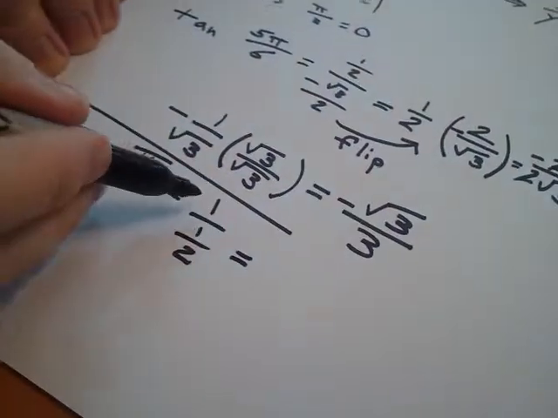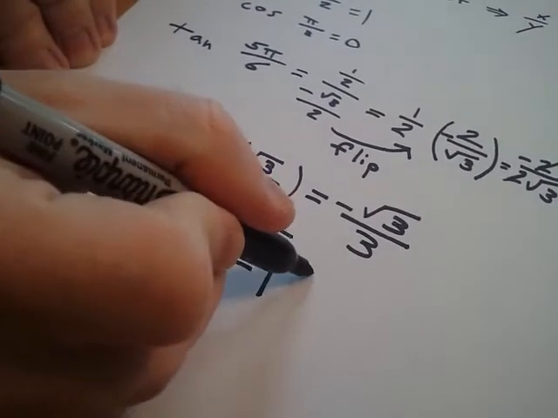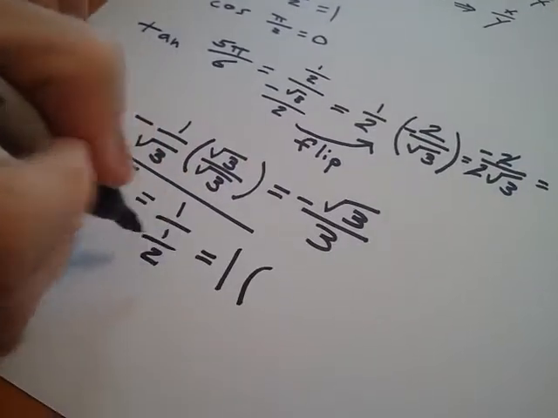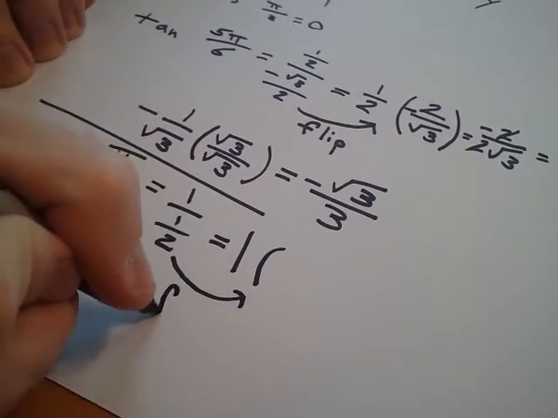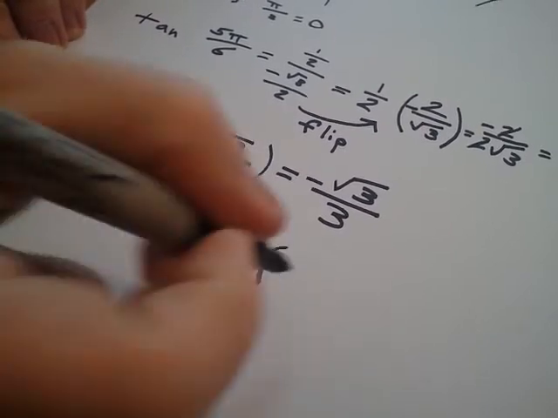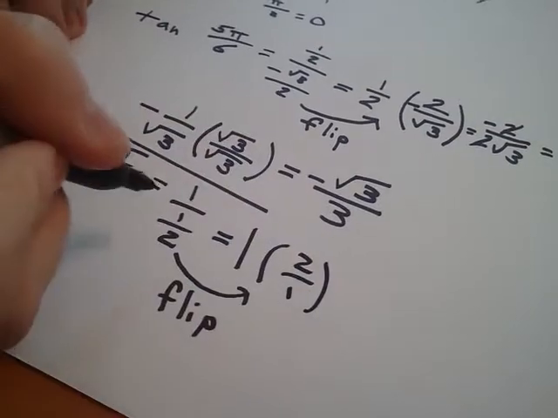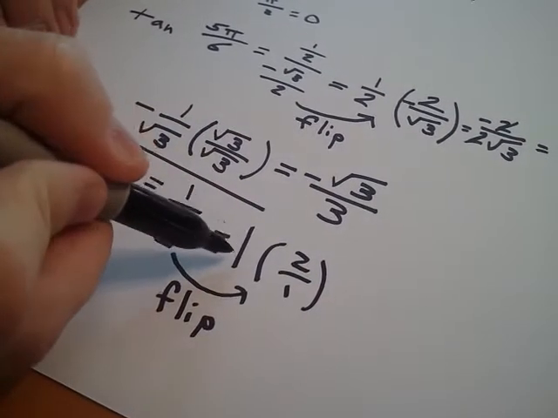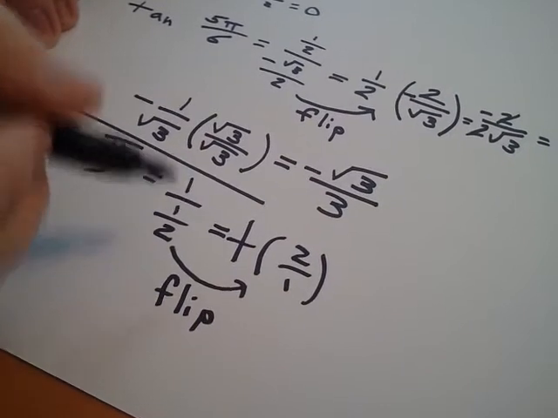Again, we're going to use the same trick we used before. We're going to take what's on top, put that on the left. We're going to multiply by the reciprocal of what's on the bottom. So this 1/2 moves over here, and we are going to flip it. So now the 2 goes on top, the 1 goes on the bottom, and 1 is just really 1 over 1, right? It's just the same, another way of saying 1.